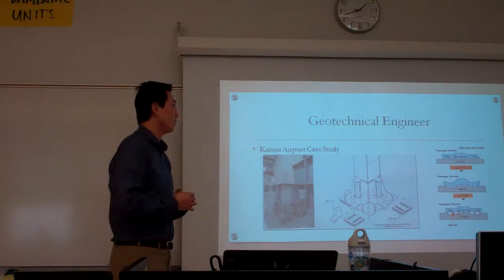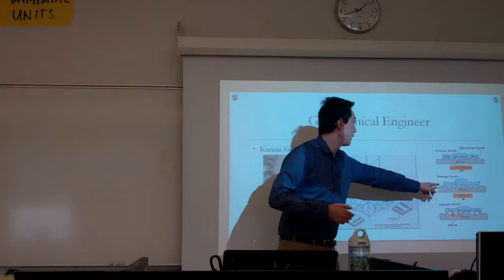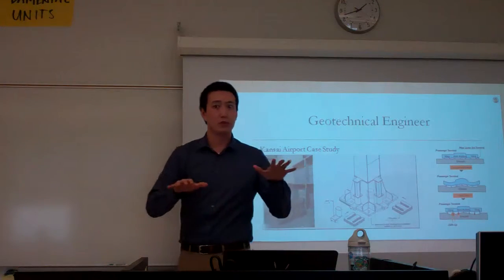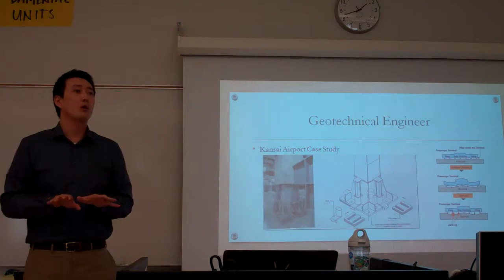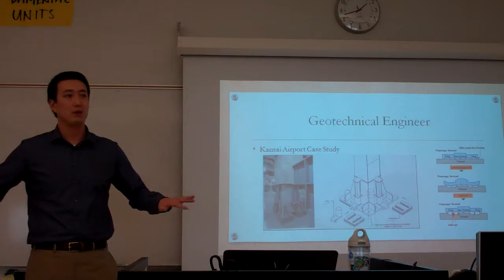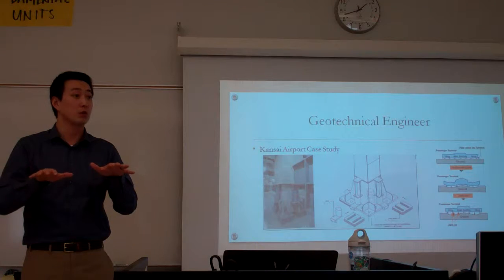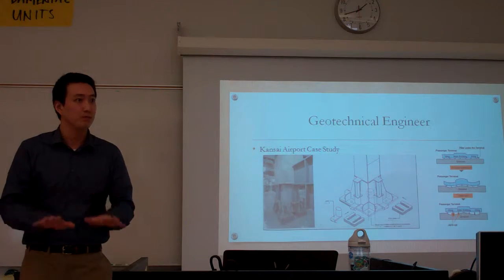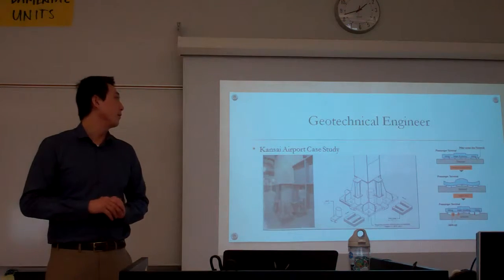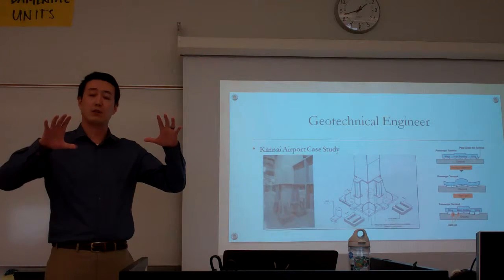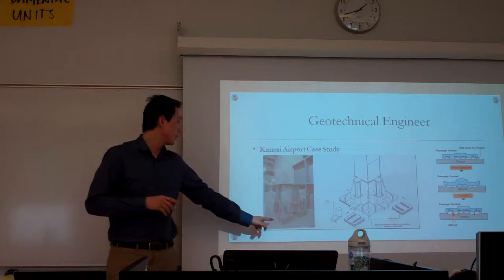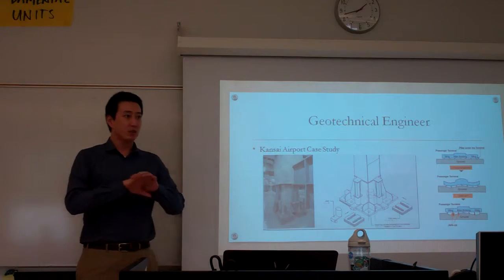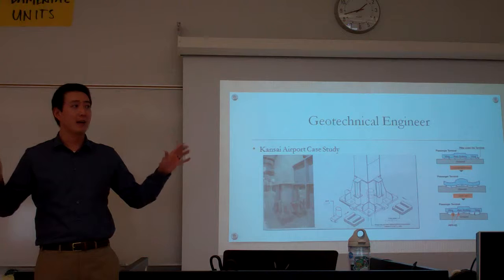Over the course of 10 years or so, the soil started settling, and when I say settling, it basically means the water started rushing out from underneath it, and the soil started losing its strength and started to go down. Because the terminal was laid on top of that, what they did, which was actually kind of ingenious, was build the entire terminal structure on hydraulic jacks.